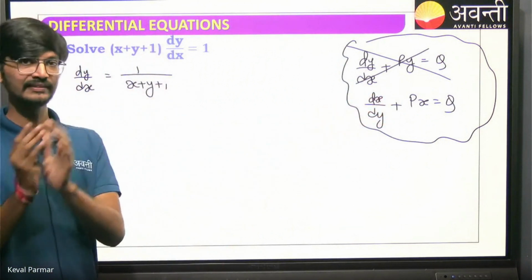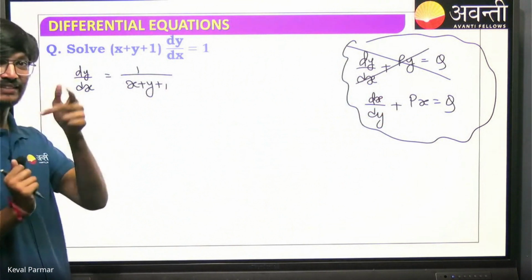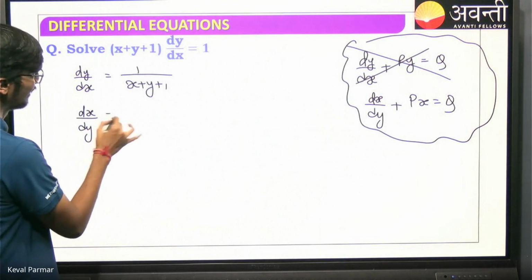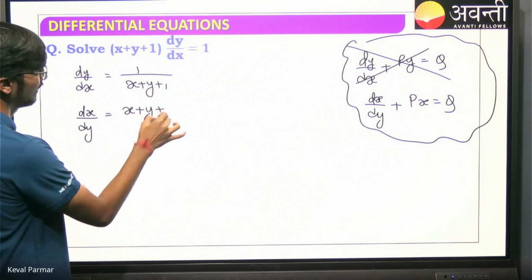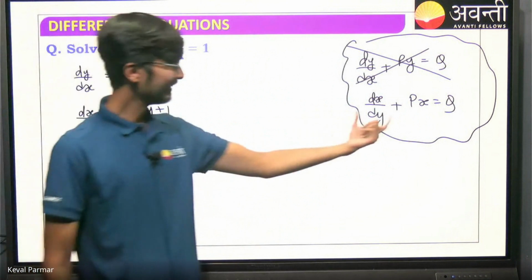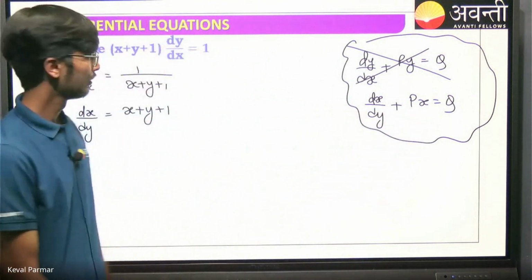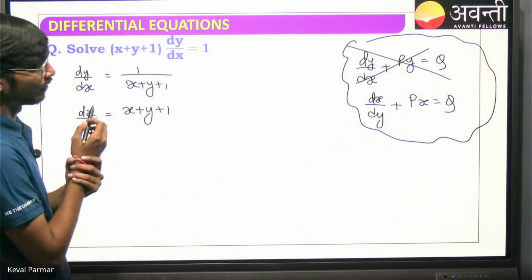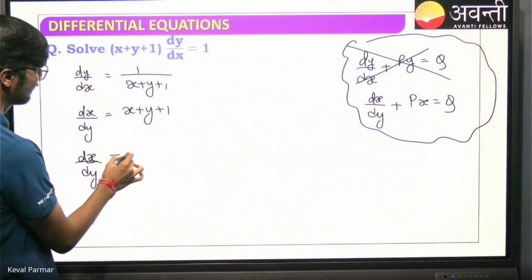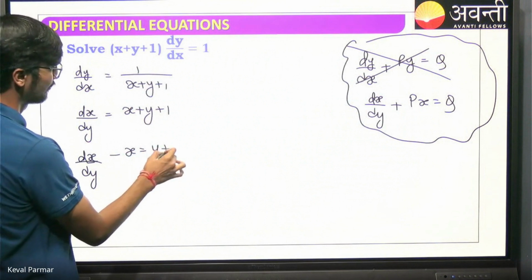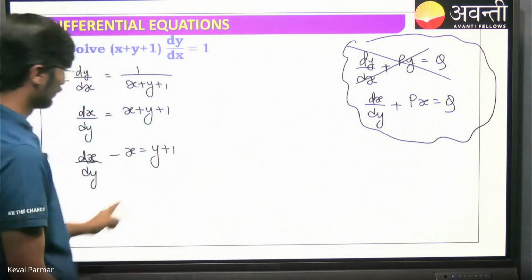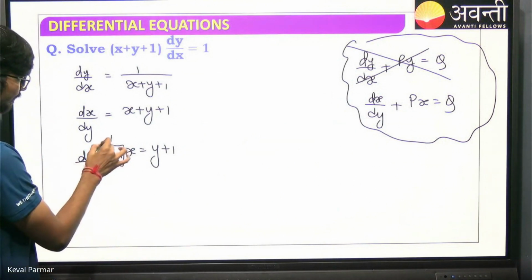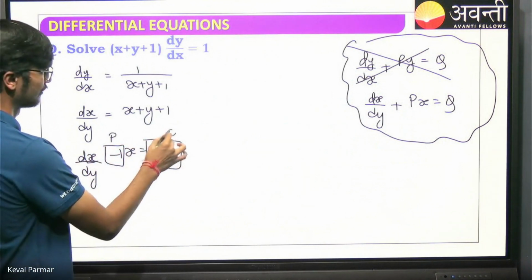And to arrange the second format, we need dx upon dy. So if I get dx upon dy, it will be equal to reciprocal, x plus y plus 1. Now you can see we can easily arrange this format. How? We can write it as dx over dy minus x is equals to y plus 1. Now minus 1x, let me write. So if we compare now, this is P and this is Q.